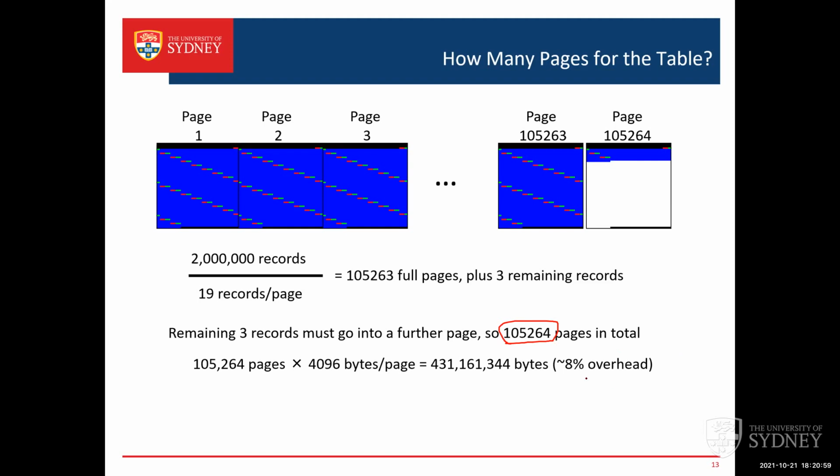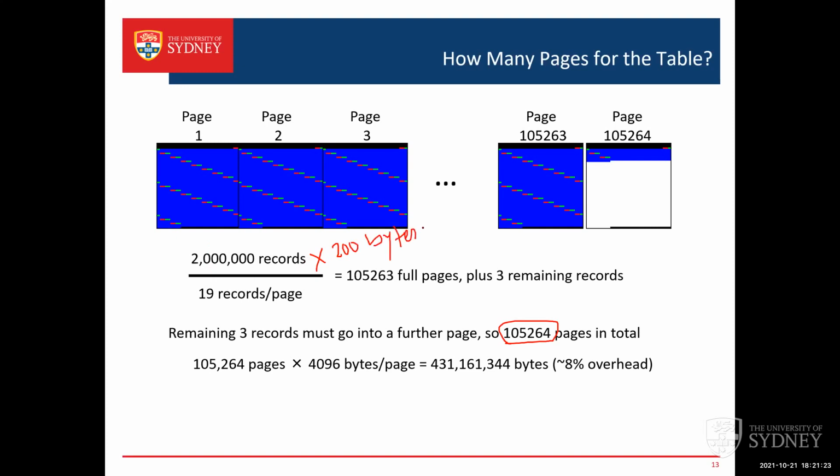If we try to calculate the overhead, it simply means how much extra storage we need to perform everything perfectly, not the ideal thing. So how much extra space are we using? The calculation should be very simple: we have 2 million records and each record is 200 bytes. So that should be the space that we need, right?